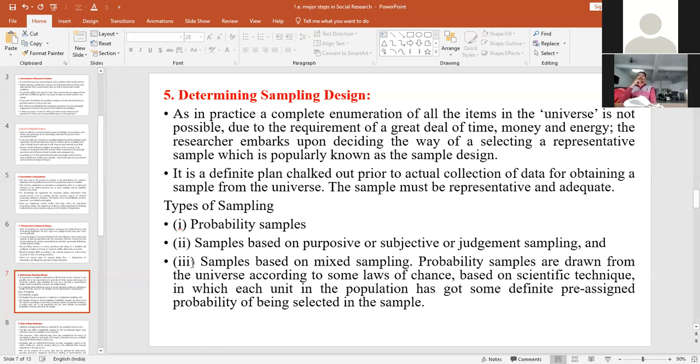That is called the snowball method. Here in the snowball method, the researcher does not know the respondents, but while moving in the field, he can increase the strength of the respondents. So this is about the sampling design.